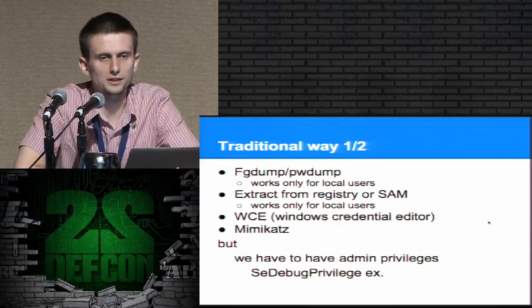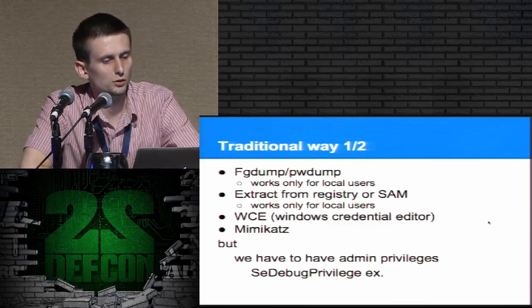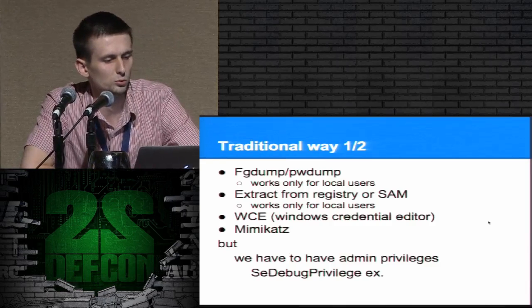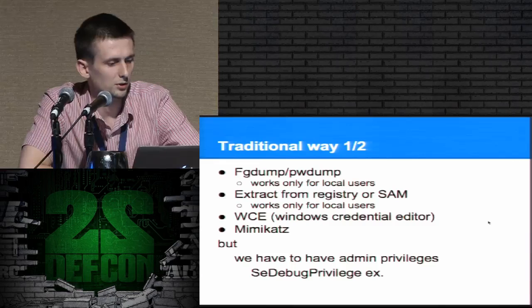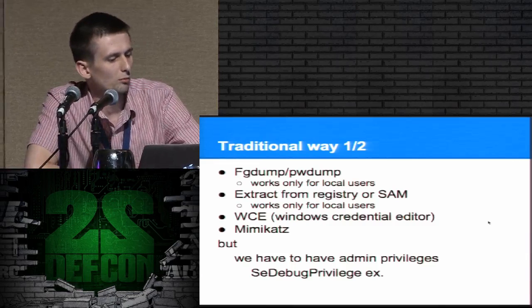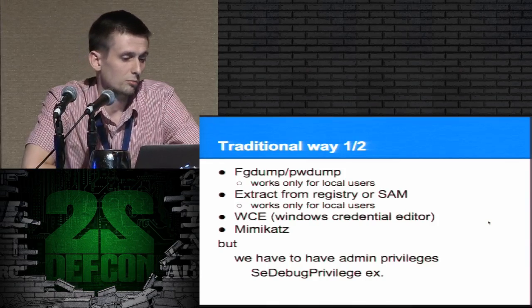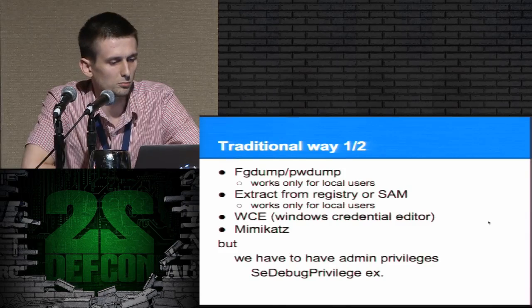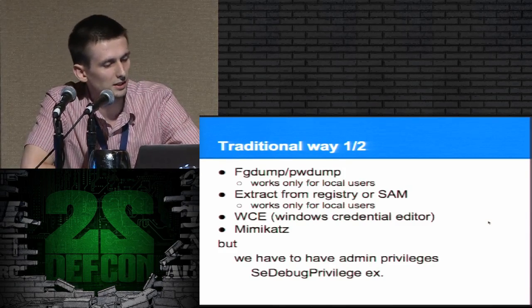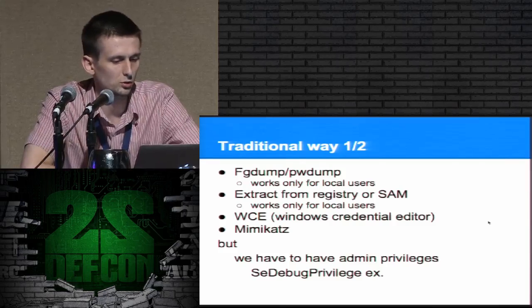What are the traditional ways to get the passwords of a user? Very famous tools like PWDump or, you know, Mimikatz or Windows Credentials Editor, or maybe you just extract, I mean, not passwords, but hashes of passwords from the registry or SAM file.